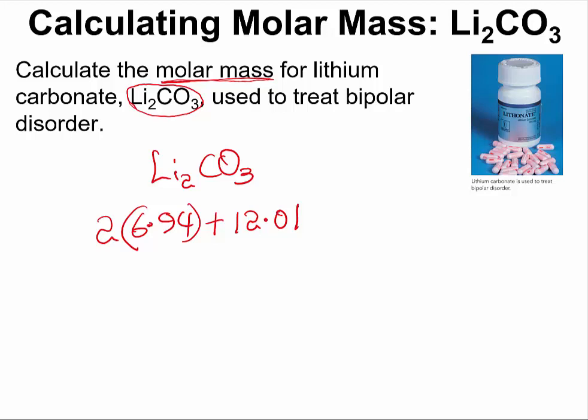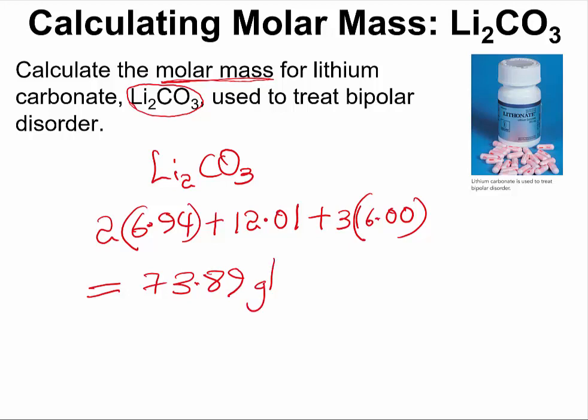We only have 1 atom of carbon, and we have 3 atoms of oxygen. Each oxygen atom has an atomic mass of 16.00, and since there are 3 of them, we multiply by 3. If you multiply and add everything, you should get 73.89, and the unit should be gram per mole, which means mass of 1 mole.